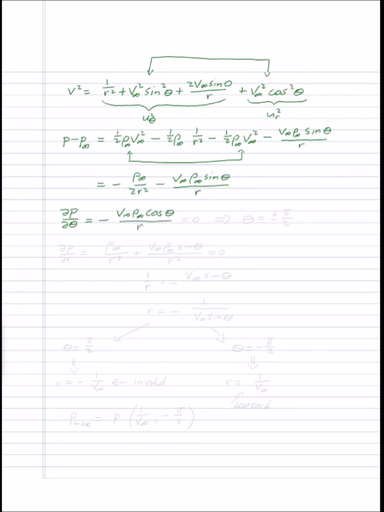So that's quite easy, and that derivative must be equal to 0. If that's the case, well, a cosinus of theta is 0 if theta is plus or minus a half pi. So theta is equal to plus minus pi over 2. So it could be a point that has theta plus or theta minus pi over 2.